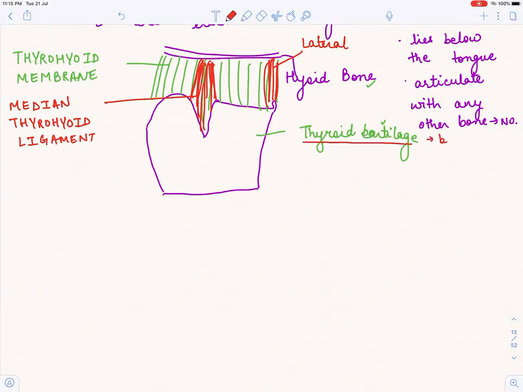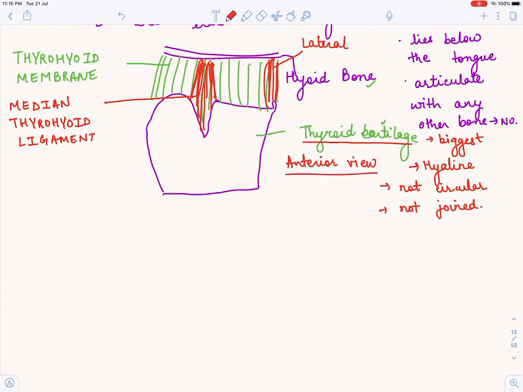This thyroid cartilage, first of all, is the biggest cartilage. It is a hyaline cartilage, and it is not circular. It is not joined. You can imagine you take a sheet of paper and fold it, but you don't join it. That's what the thyroid cartilage is like. This is how it looks from the anterior view, from the front, where your face is.